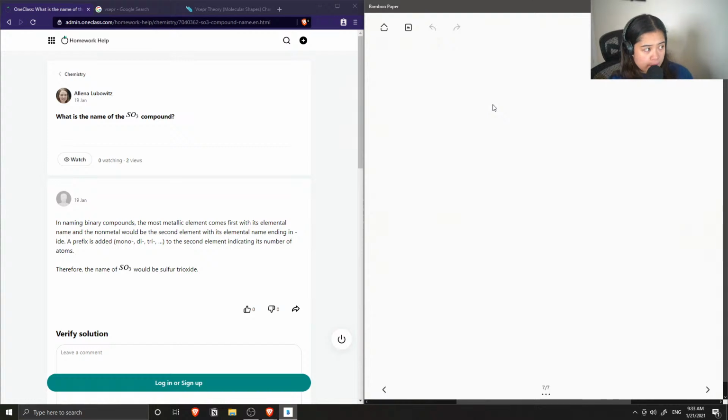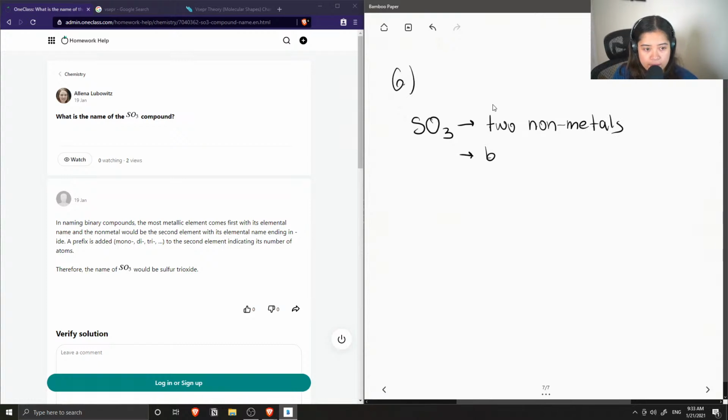Okay, so question number 6. What is the name of SO3? So if we analyze this compound, we'll see that it's made up of 2 nonmetals. So we can say that this compound is binary covalent.